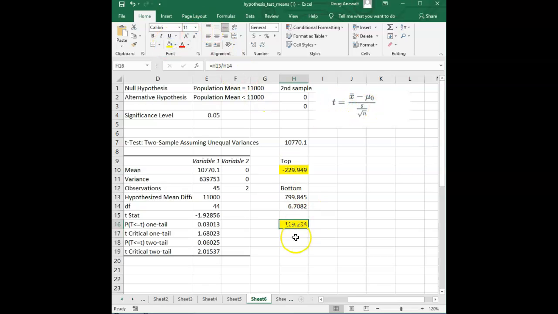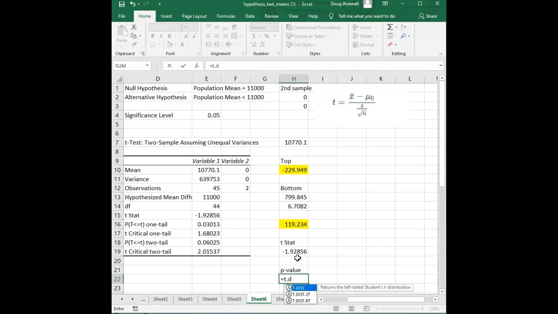Now to finally calculate the t-test statistic, you take the top number and divide by the bottom number. And so you're going to get that same result. We're doing a left-tailed test. We have a less than for our alternative hypothesis. So the p-value associated with this test statistic is going to be T.DIST.